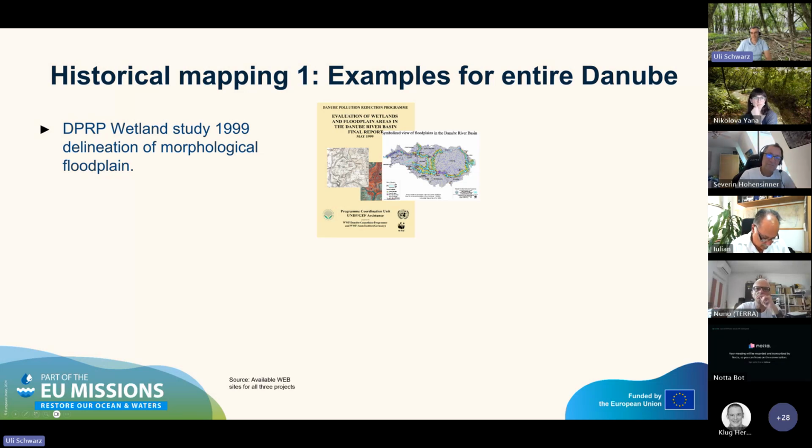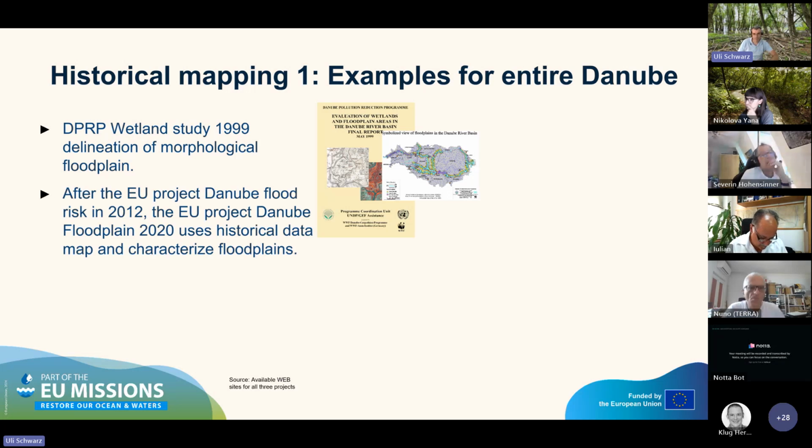This is a very general 1 to 200,000 scale map of the Danube Basin to delineate the floodplain. This is, of course, one of the main applications for many projects: to derive the active and the morphological floodplain.